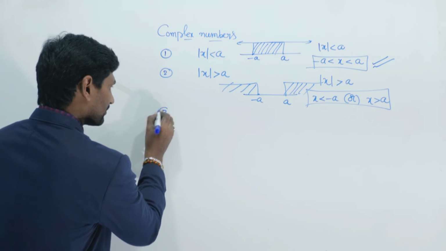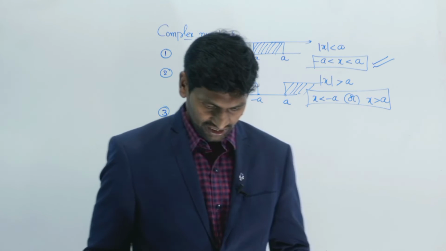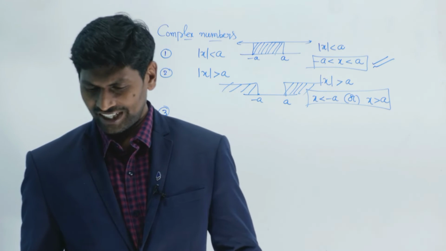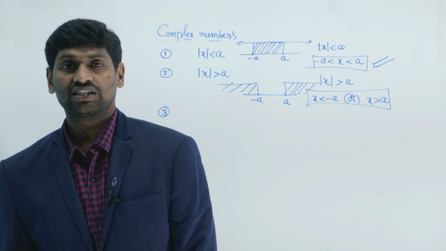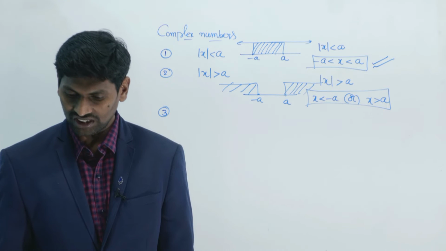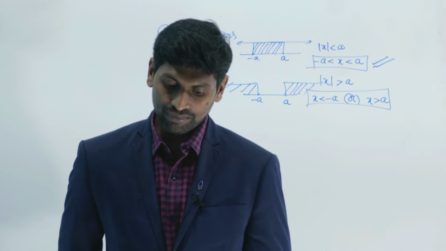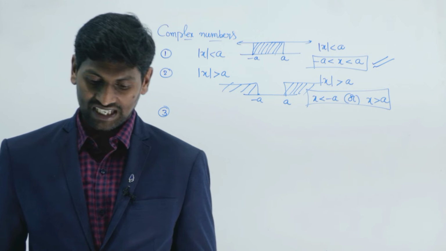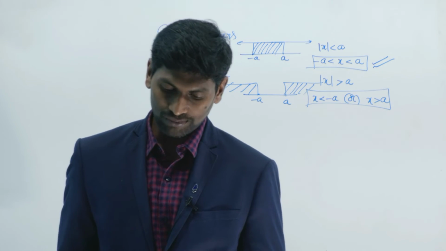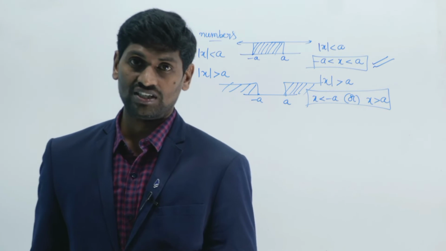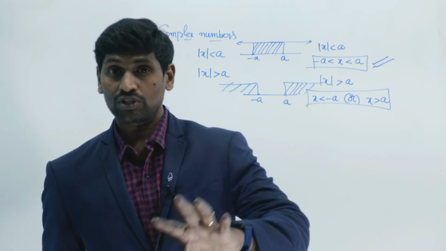Next, the third question. If x and y are any two rational numbers, among them the following statement is wrong. The first statement: modulus of x plus y is less than or equal to modulus of x plus modulus of y. This is one of the properties we discussed when we discussed absolute values.